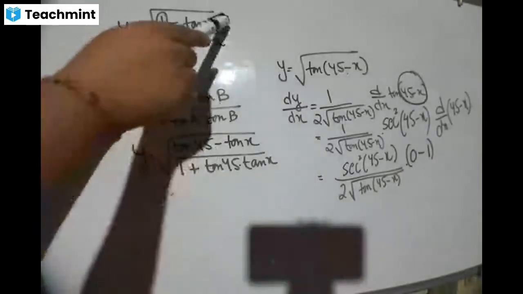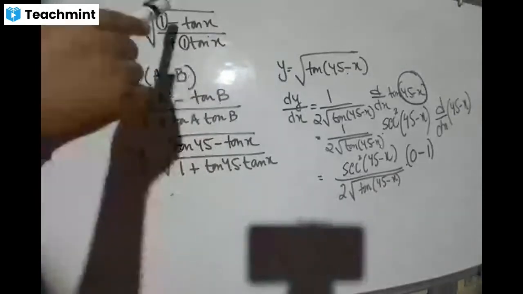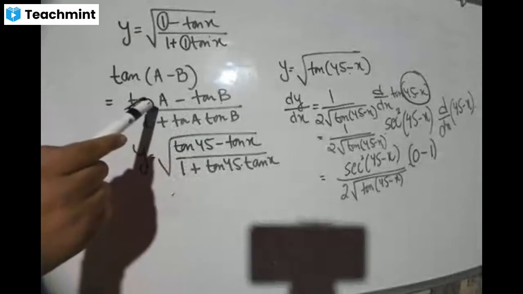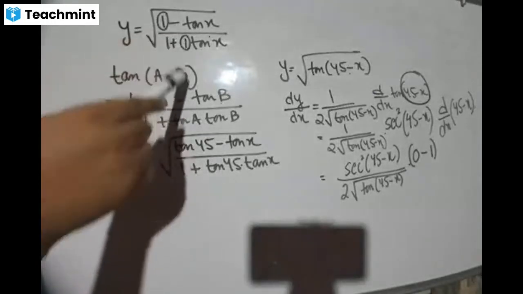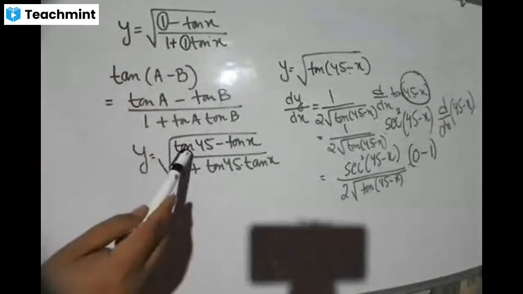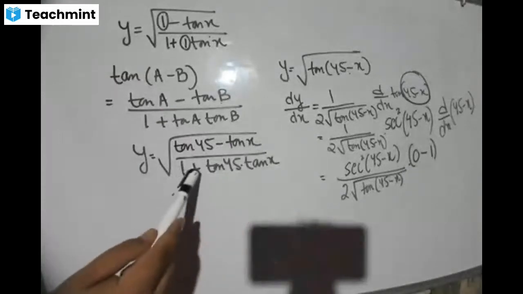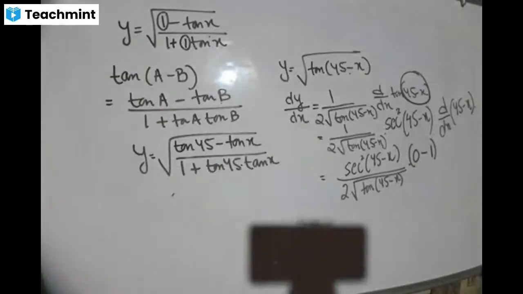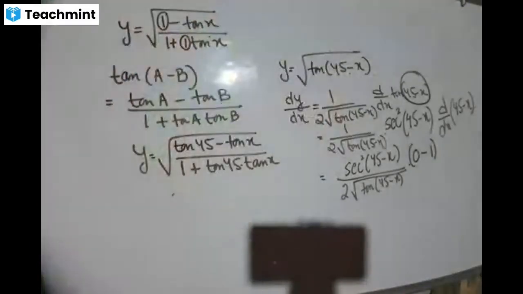So I want to rewrite this into this form so that I can write tan(a minus b). So when you compare, you see that I just have to replace the value of tan a. So what's the value of tan a? 1. So instead of 1, I can easily write 1 as tan pi by 4. So now this becomes tan a minus tan b divided by 1 plus tan a tan b. Is that clear? So that is nothing but tan(a minus b). After that, I have done the substitution.